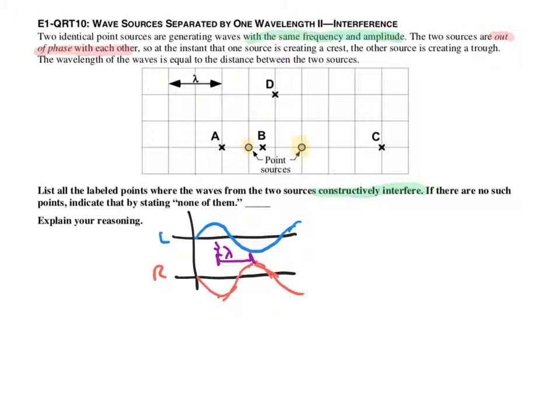So if we had two paths that took the same distance from one to the other, so let's say, for the moment, let's focus on D, then the distance that this wave travels and the distance that this wave travels is the same.